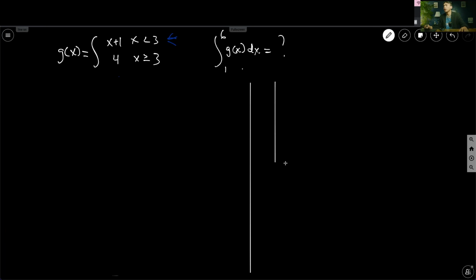So I'm going to draw it out here. Okay. So we see that from the first part, from 1 to 3, it is a line starting at, when x is 1, the value starts at 2, and then it goes to here, that is 3.